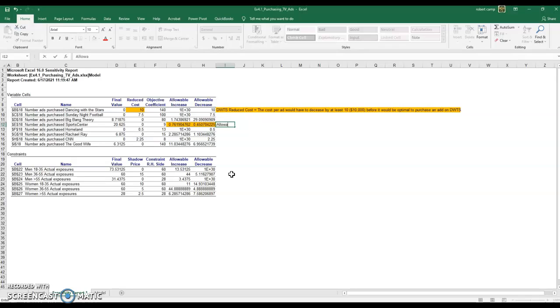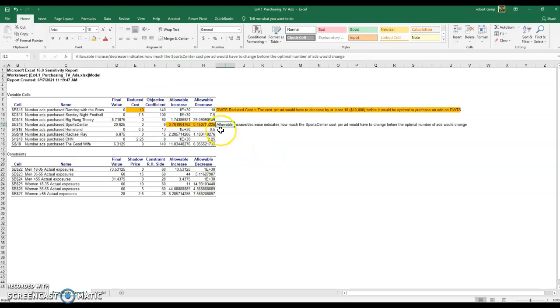Remember, the allowable increase and decrease indicates how much the Sports Center cost per ad would have to change before the optimal number of ads would change.